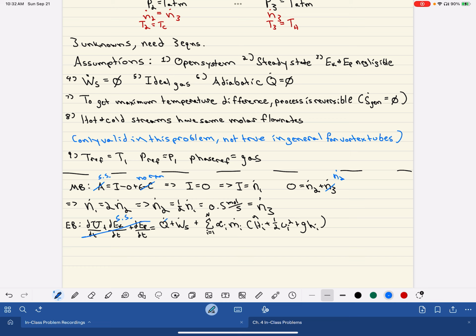We don't have any heat, we don't have any shaft work, we're not worrying about kinetic or potential energy changes.